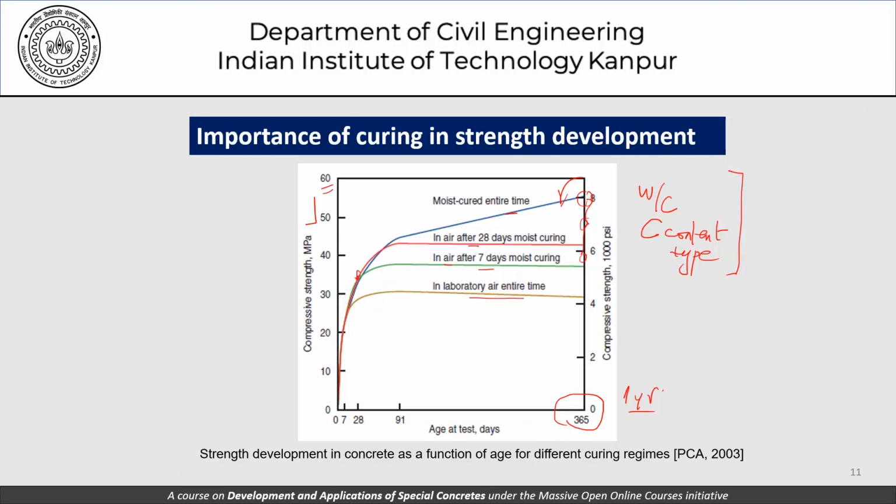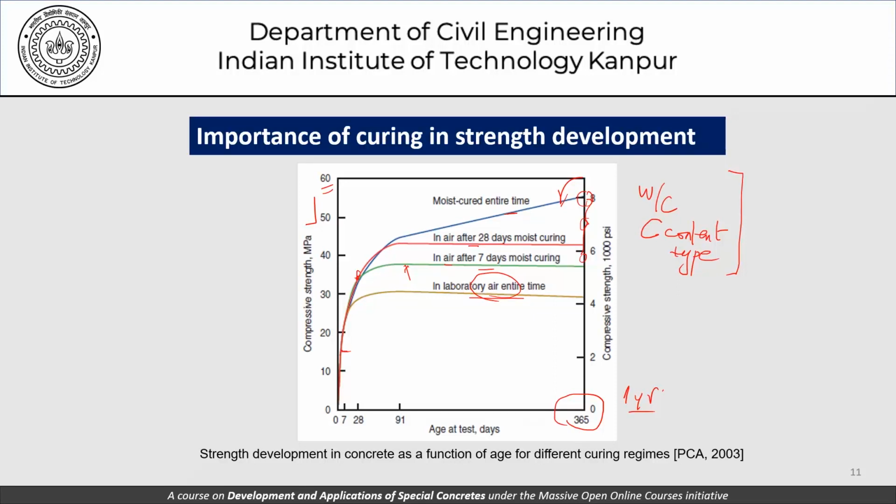Yet another thing which you should notice is the fact that strength development happens even in air. So it's not that if you do not moist cure the concrete specimen, there will be no strength development. In this case, for example, it is moist cured only for 7 days. So that means it is taken out from the curing pond somewhere here.